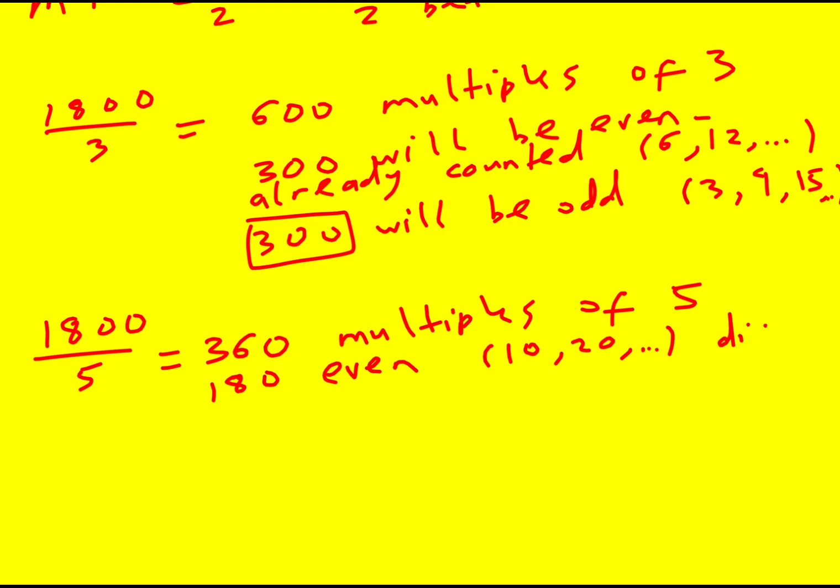So discard. And 180 will be odd, things like 5, 15, 25. Now we're not actually quite done because now it might be odd and a multiple of 3. And look, you can see that 15 has already been counted and we've got it here. So we actually need to, a third of the rest will actually be multiples of 3.